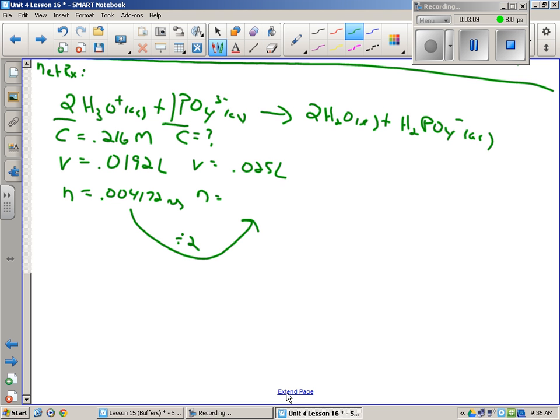This would be 0.002 moles here, half as much, of course, because it's a 2-to-1. So n and V gives you C, which is 0.0829 molar. And that's what you would need to do for that one.